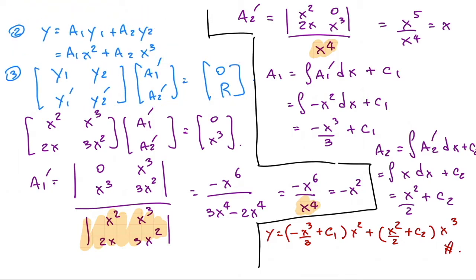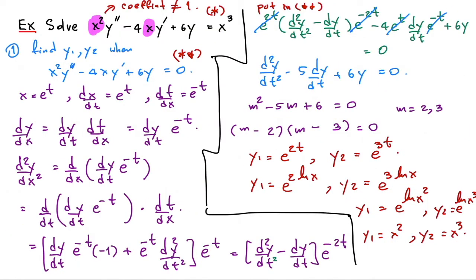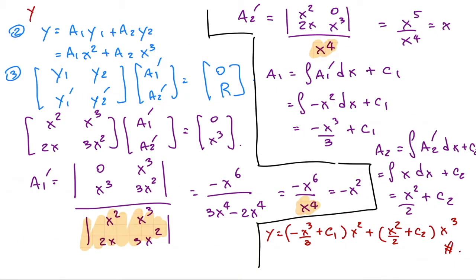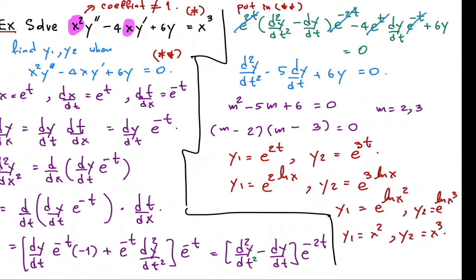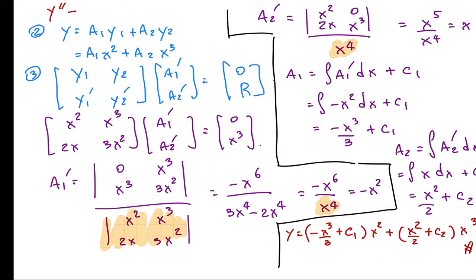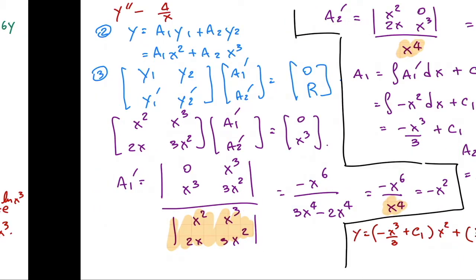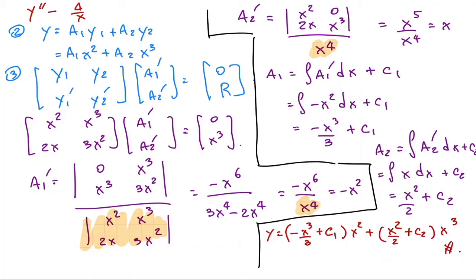You should change this equation to y double prime minus 4 over x y prime plus 6 over x squared y equals x.